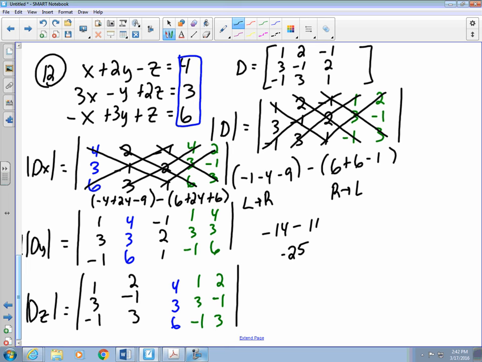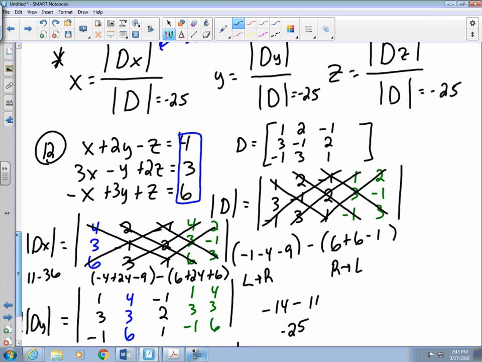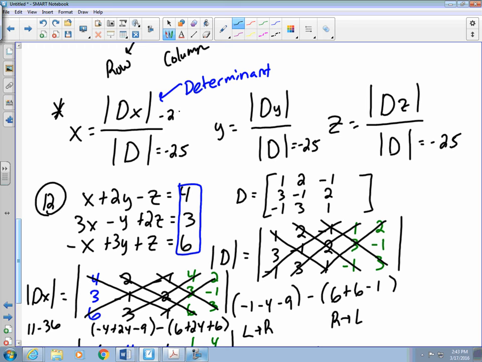With that, negative 4 plus 24 is 20, minus 9 is 11, minus 36. So that's negative 25. The determinant of x is also negative 25. So x is just going to be 1, because negative 25 divided by negative 25 is positive 1.